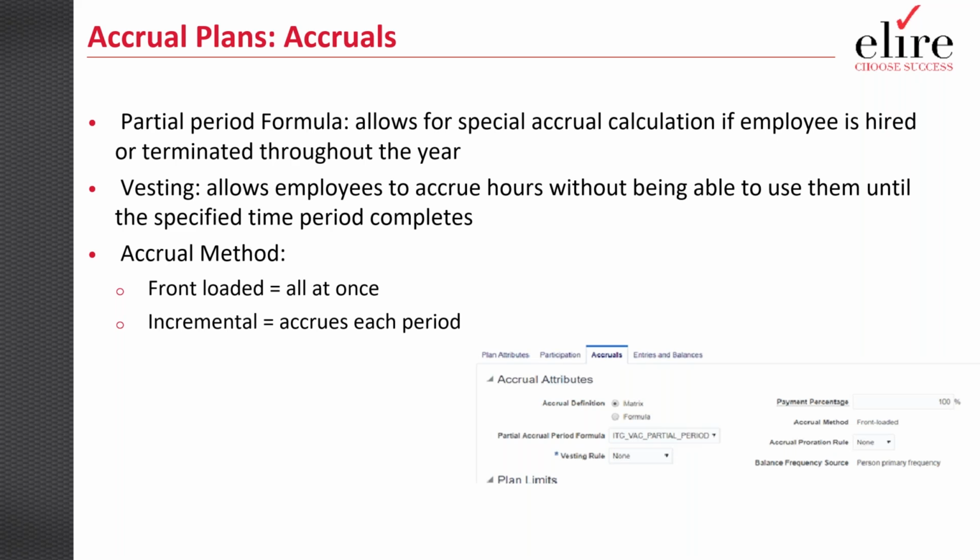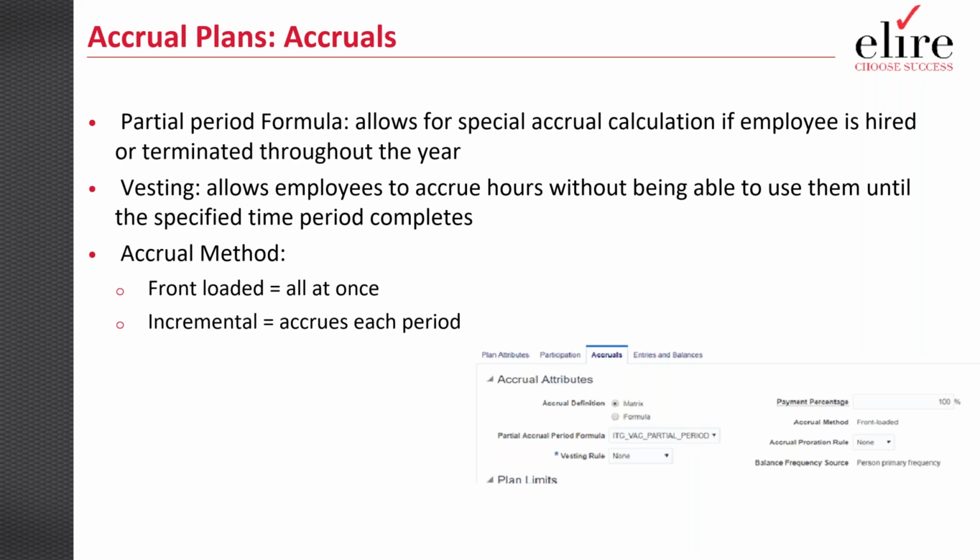So in particular, a partial period formula is referring to what your company policy is. Let's say, for example, I'm supposed to get 80 hours of vacation every single year, but I'm hired mid-year. So let's say I'm hired in June of this current year. Well, most companies, I'm not going to give a new hire 80 hours of vacation because they're coming in June.